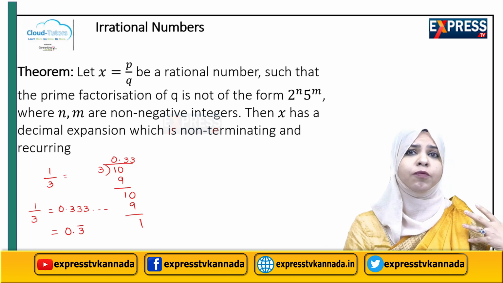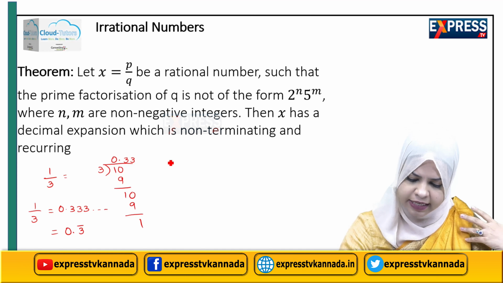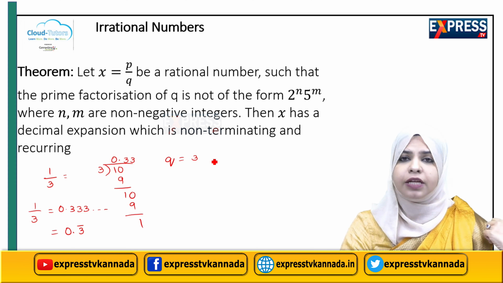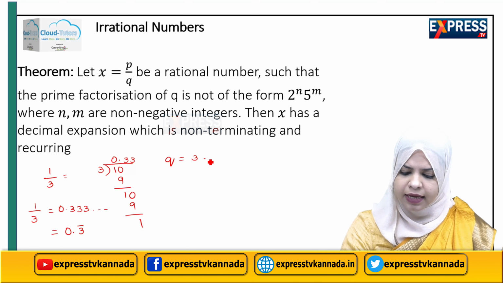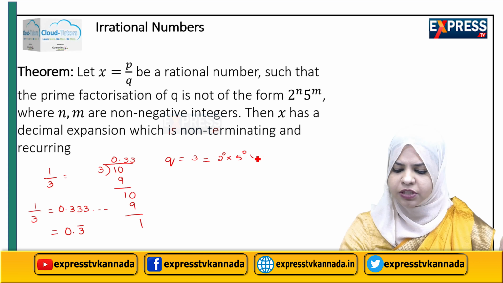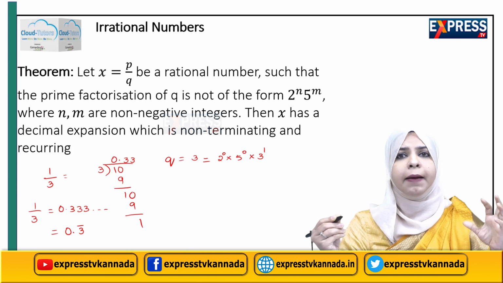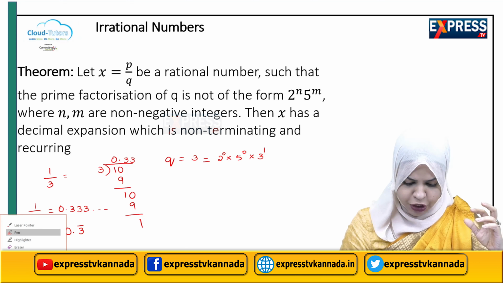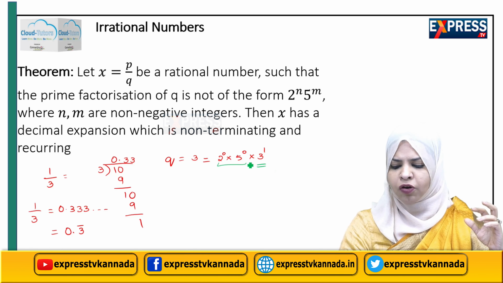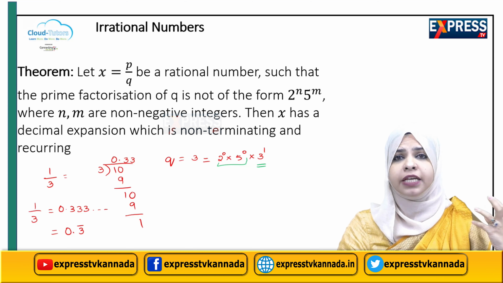But can I express it in the form of 2 power n into 5 power m? Let's see. Q is equal to 3. Can I write 2 power 0 into 5 power 0 into 3 power n? But observe here, you still have a value of 3 along with 2 power 0 into 5 power 0.